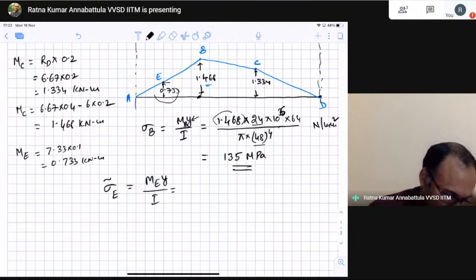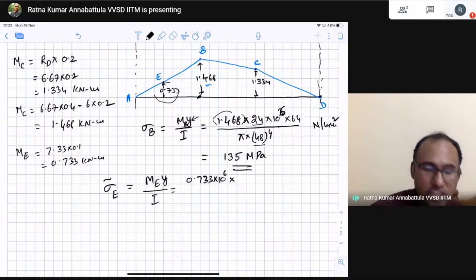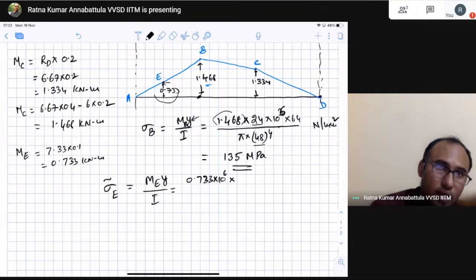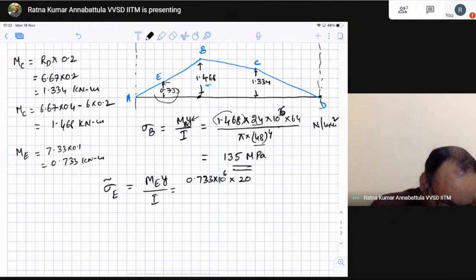So that would be equal to M, which is 0.733 into 10 power 6 Newton mm. Y you should calculate with respect to the small diameter on the smaller side of E, that is 40 mm. So y will be 20. And I is pi d power 4 by 64, this 64 comes here, and pi into 40 power 4.